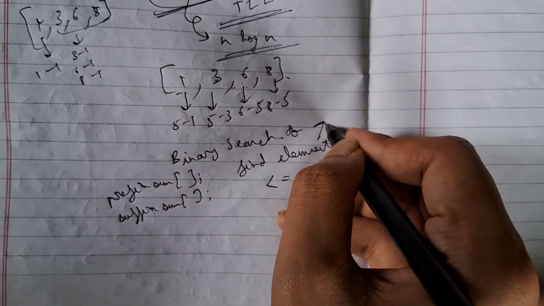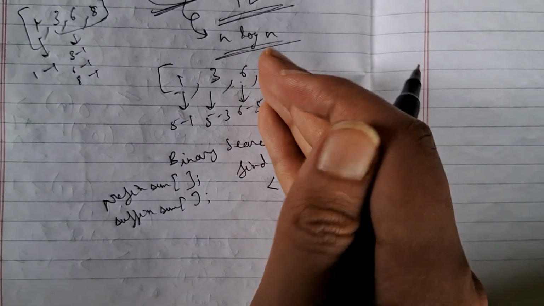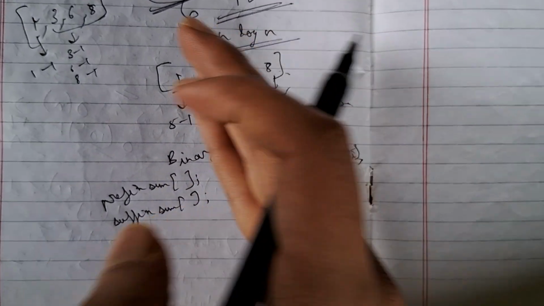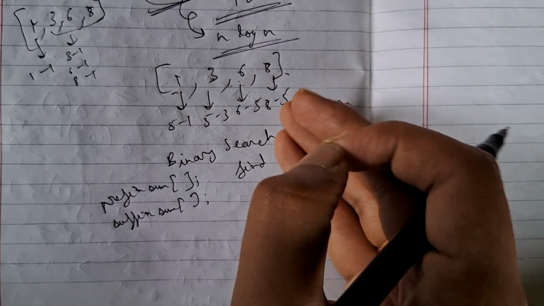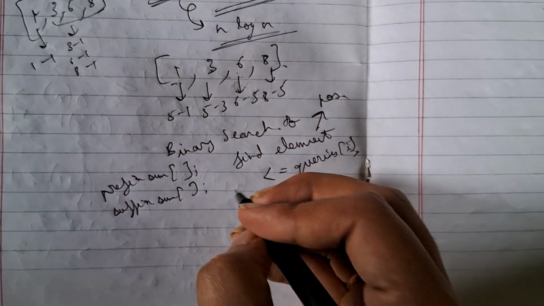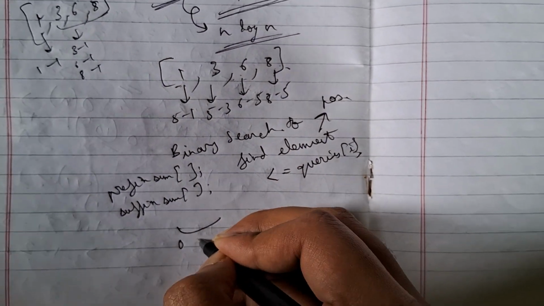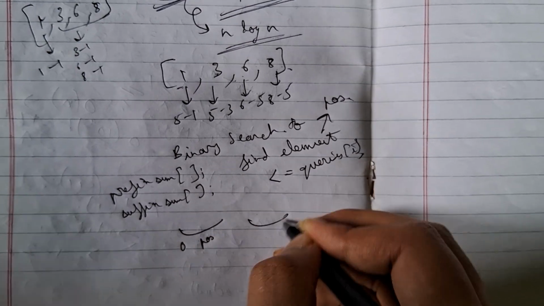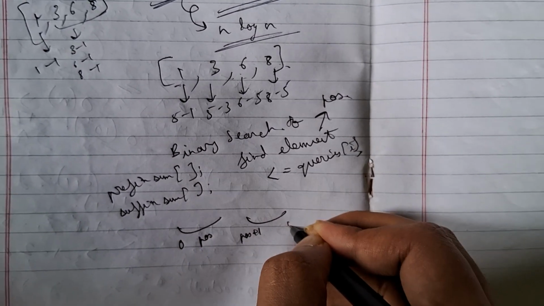So if you find the element is at position pos, then you can find the sum of all elements from 0 to pos and the sum of all elements from pos plus 1 to n minus 1. That is 0 to pos and pos plus 1 to n minus 1.